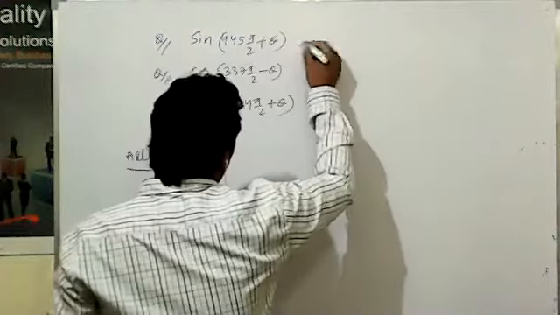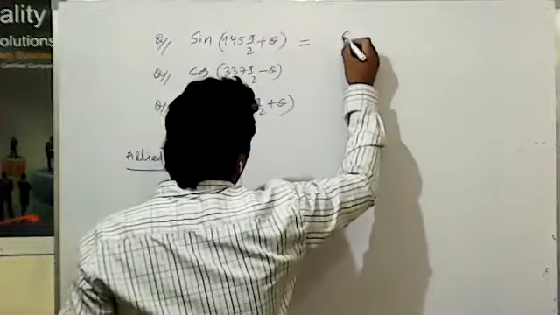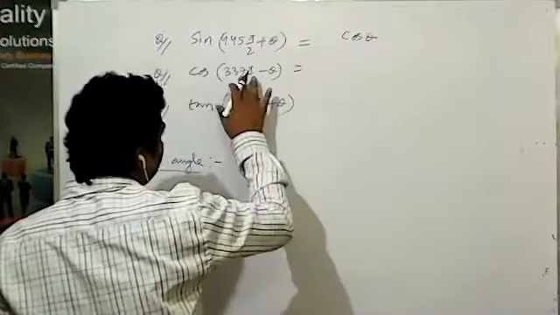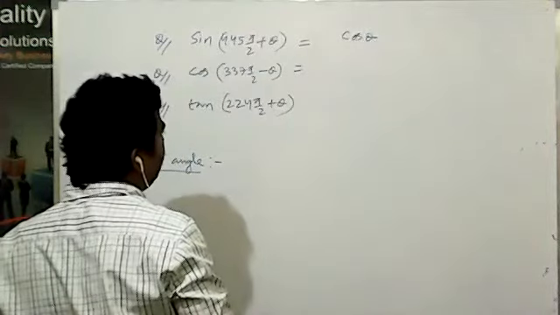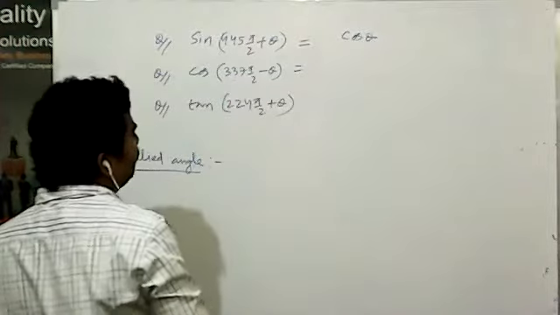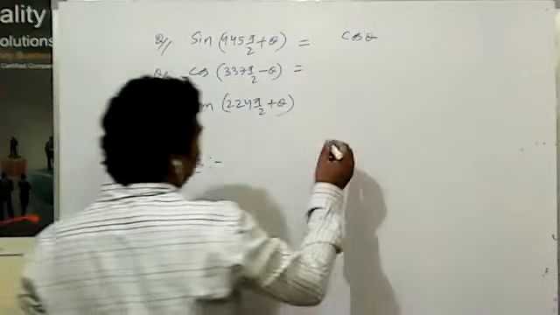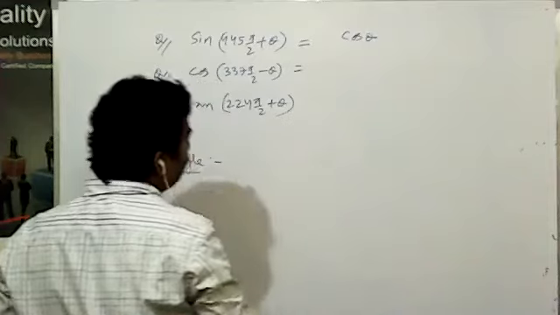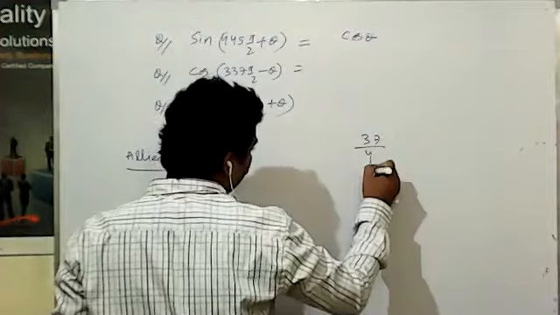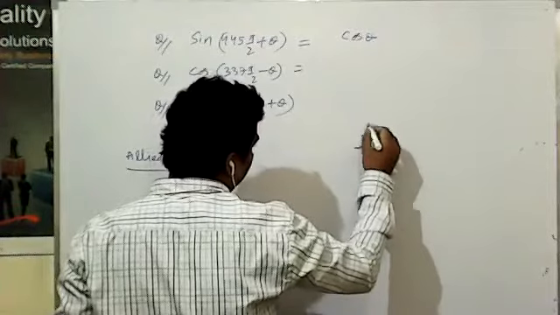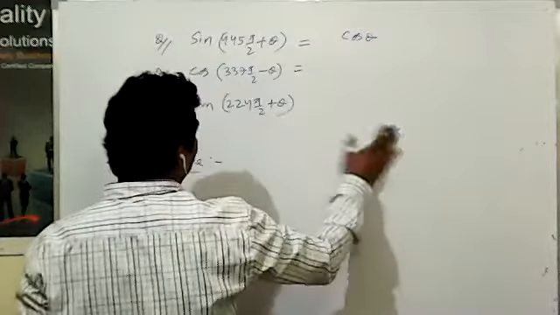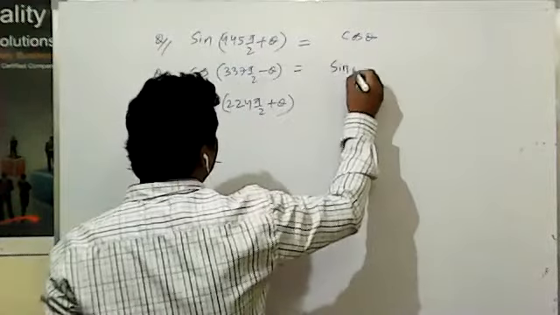This is the second quadrant, and the opposite function, so it is equal to cos θ. Similarly, for 37 divided by 4, the remainder is 1, minus θ, first quadrant, that's why it is sin θ.